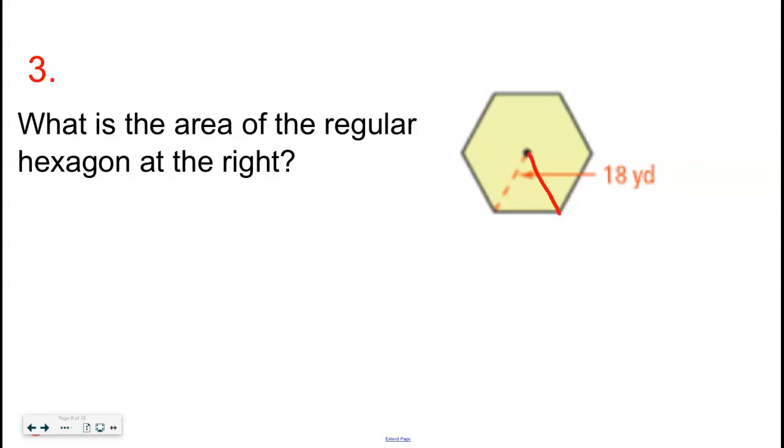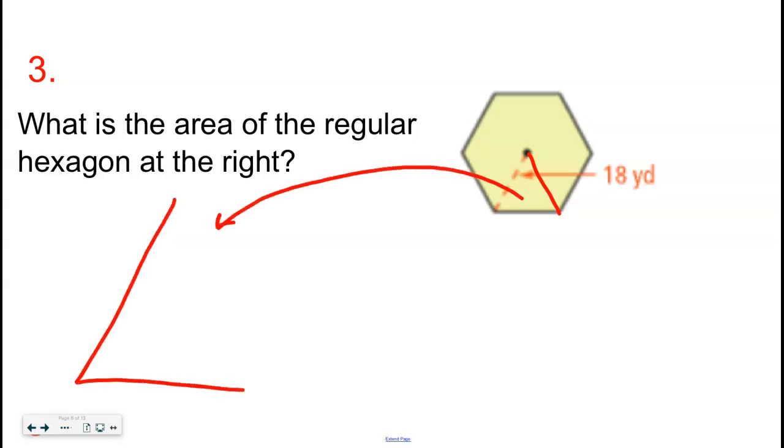And so what I want you to do is draw an arrow over to that big one I drew. We're going to pull it out and blow it up. So we're going to pull out one triangle. Go ahead and write that on there so you kind of understand what we did. All right? We're going to pull it out and we're going to find our ingredients for our formula.